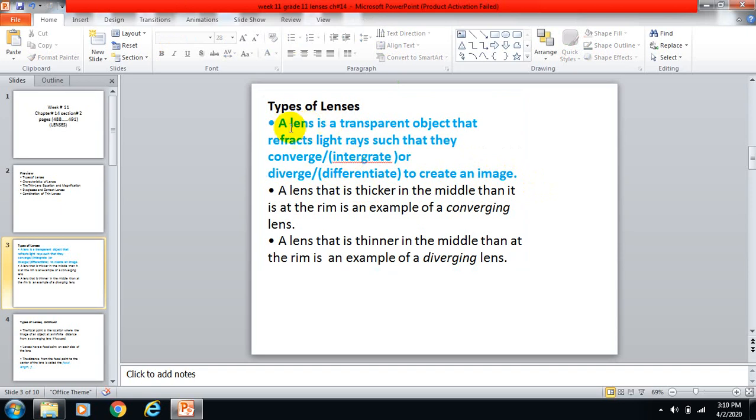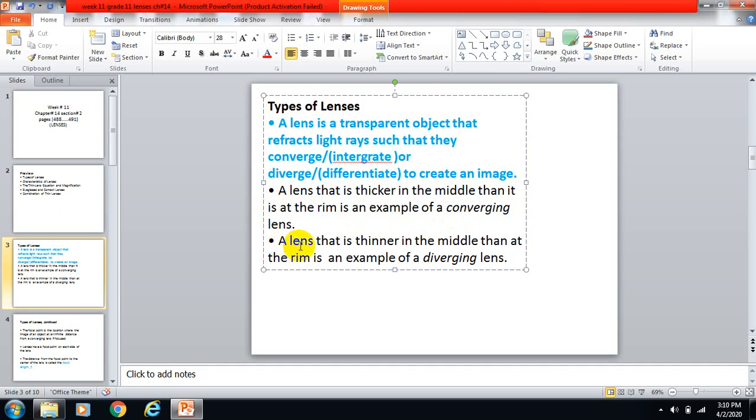So this is called a lens. A lens that is thicker in the middle than at the rim is an example of a converging lens.